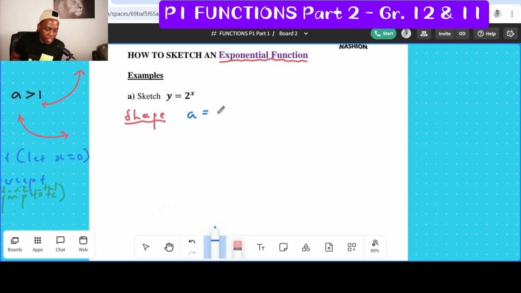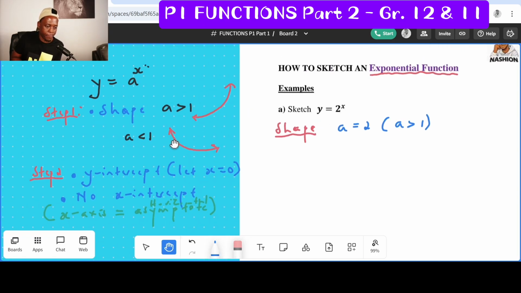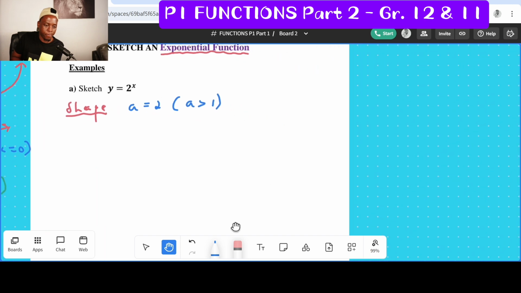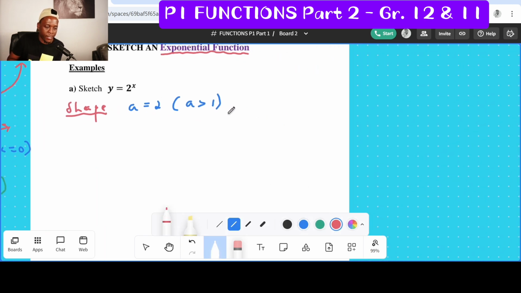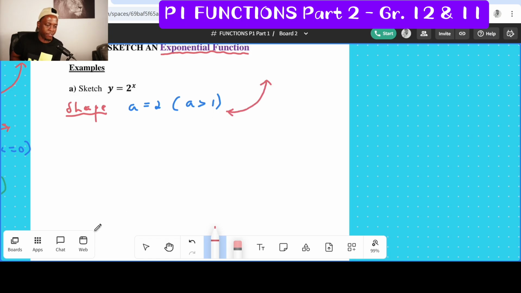So a is equal to 2, and 2 is a number which is greater than 1 according to these steps. When we sketch the graph, since a is bigger than 1, it's going to be curving upwards, an increasing function.